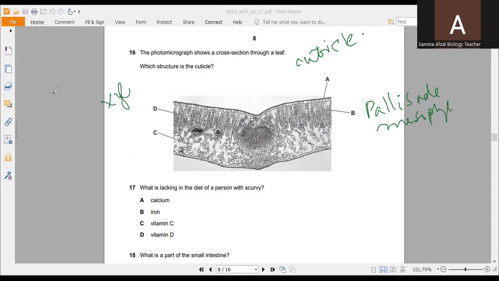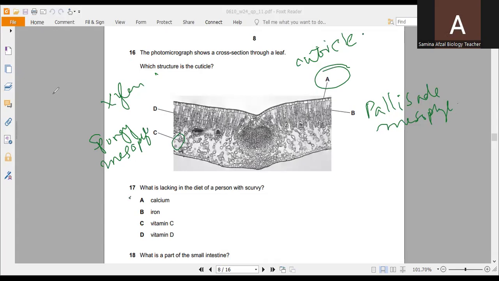D is xylem and C is the spongy mesophyll. So A is cuticle.